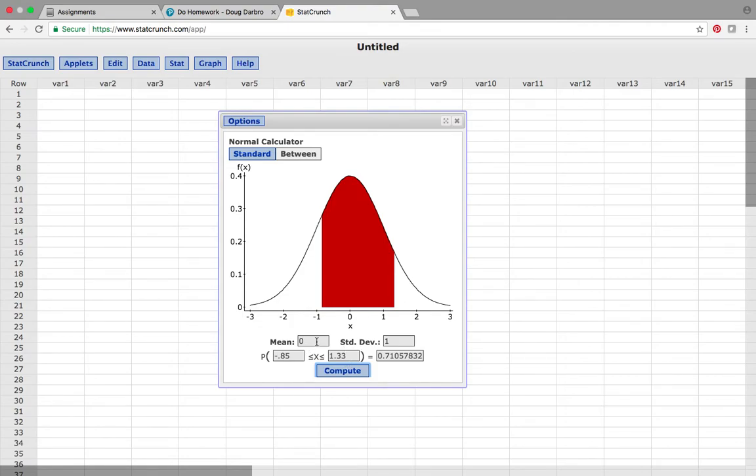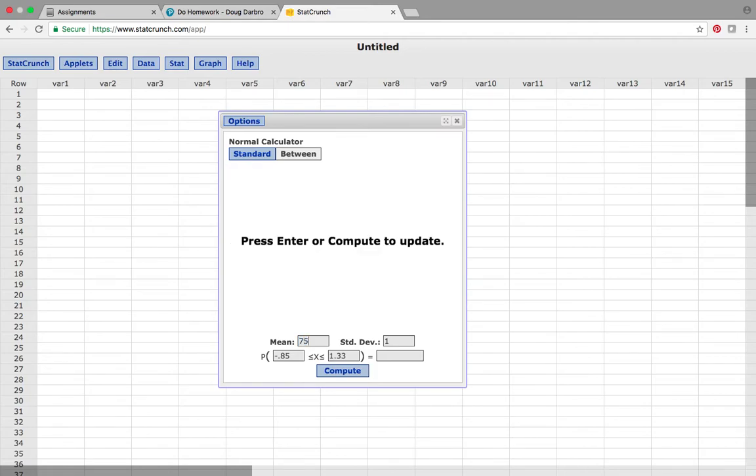That makes no sense. I must have made a typo. 7,500 is the mean. 1875 is the standard deviation. So we had 5,900. And we had 10,000.